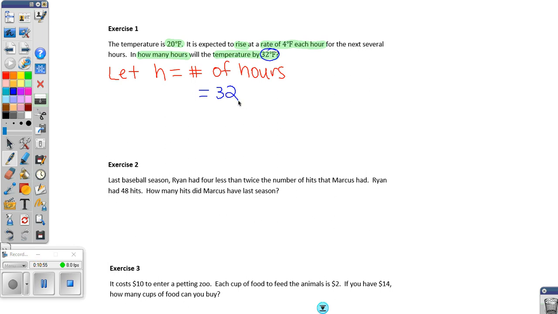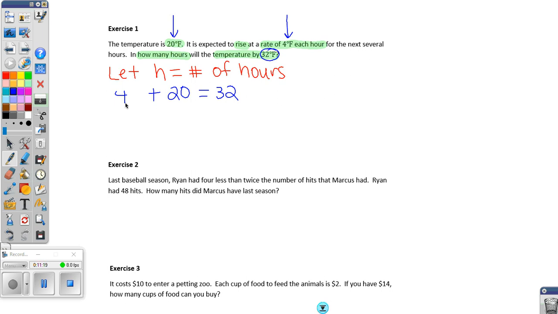All right, and then we want to figure out, well, where did we start? What's the initial value? Where did we start? So we know that the temperature started at 20 degrees Fahrenheit and it kept going up 4 degrees Fahrenheit per hour. So I started with 20 and I added 4 degrees every single hour.